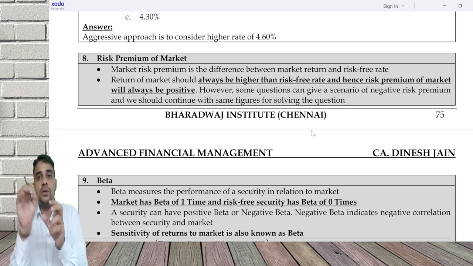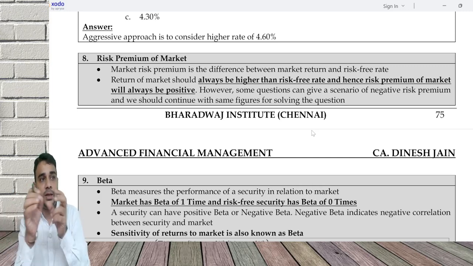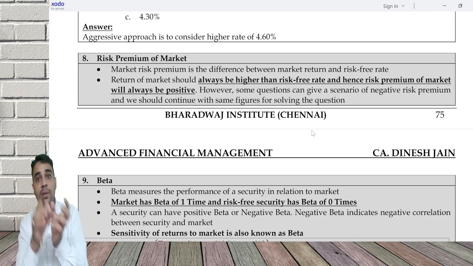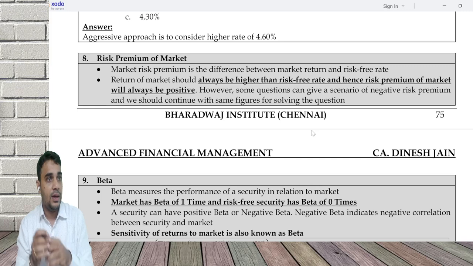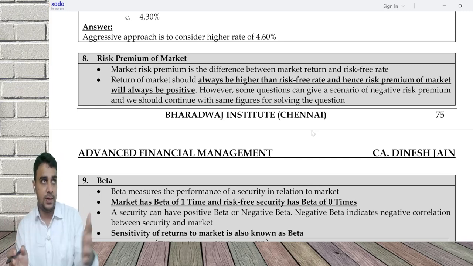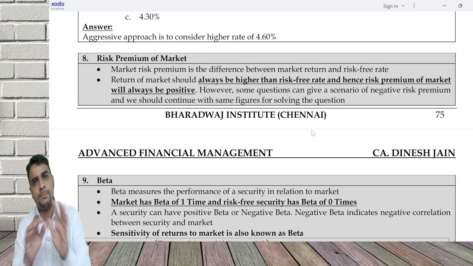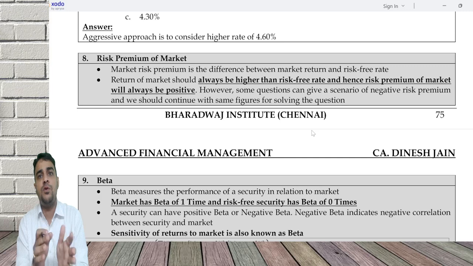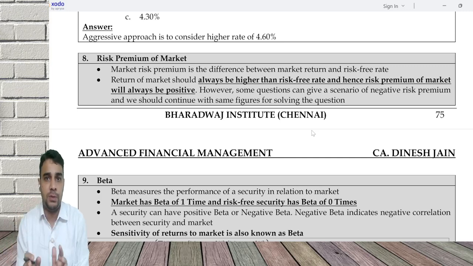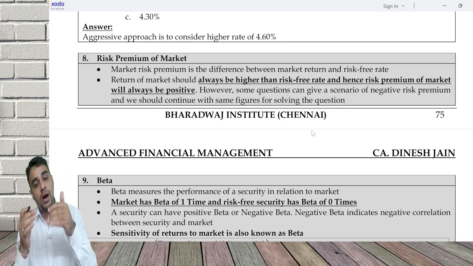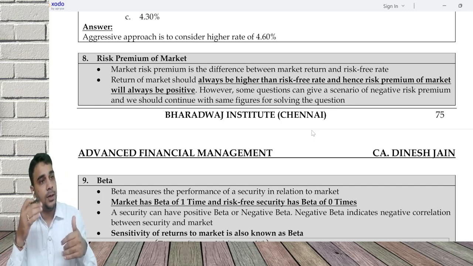If the market goes up by 10%, I go up by 10, more or less. Am I moving in the same direction as the market? Day before yesterday, markets crashed big time. So when markets crashed, most of the companies were down. So that is moving in line with the market. That is positive beta. You are moving in line with the market. But there's a possibility you may move away from the market. Market is going up and you are going down.